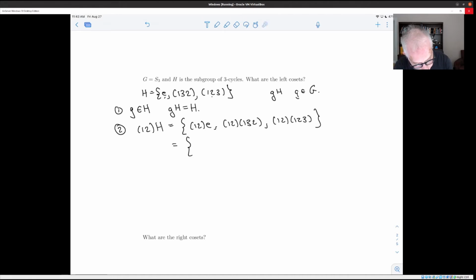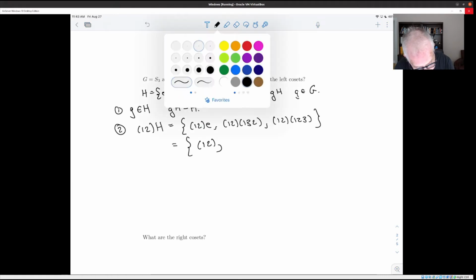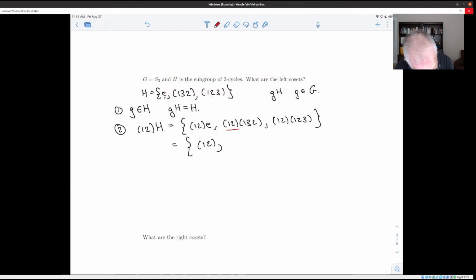The first one here is just (1 2) again. The second one, if we're going to multiply here, let's start with 1. 1 goes to 3, and this guy leaves 3 alone. 3 goes to 2, but 2 goes to 1.